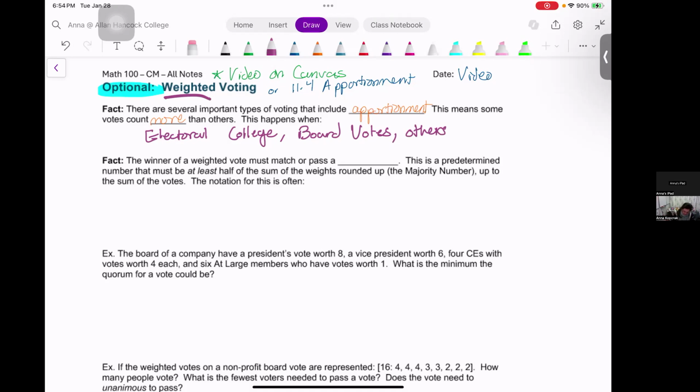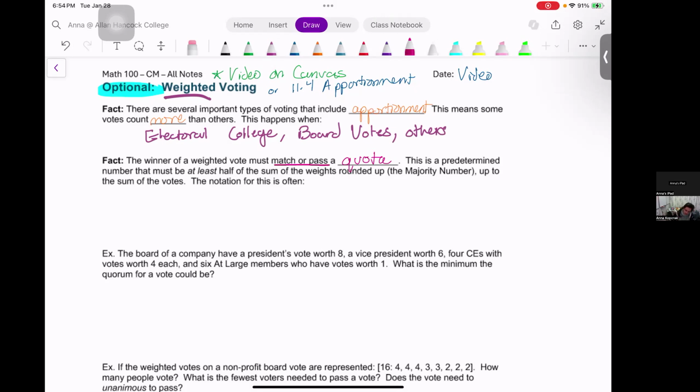The winning candidate of a weighted vote must match or pass a quota. A quota is some number, a minimum number that's needed to pass a vote. Now, we know that for the majority method, we have 50% plus, and that actually is going to help us set some borderlines for the quota in a weighted vote.